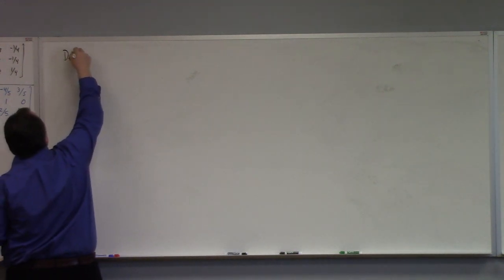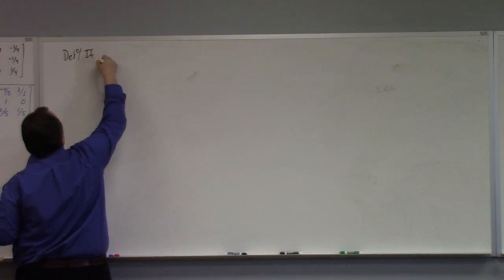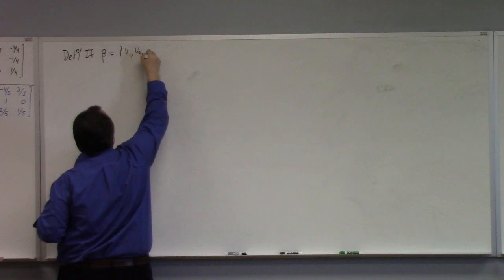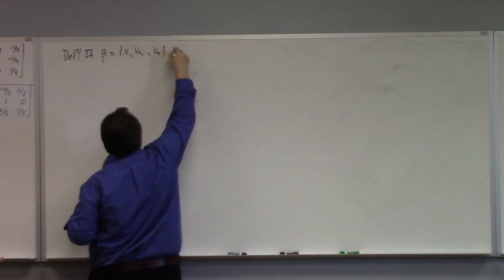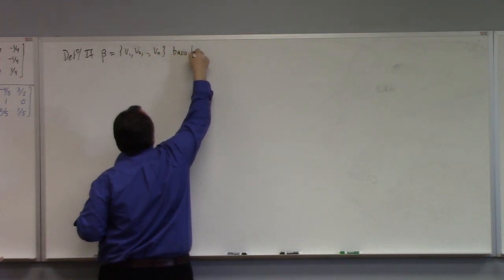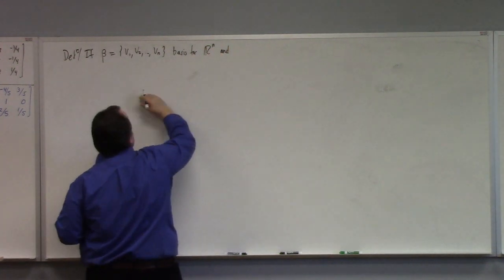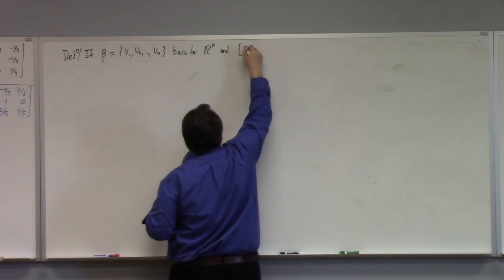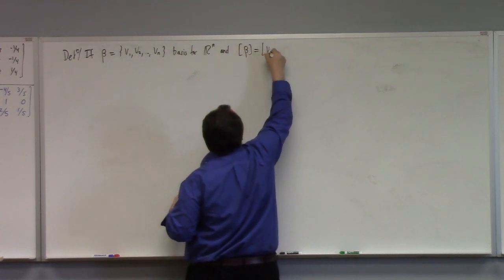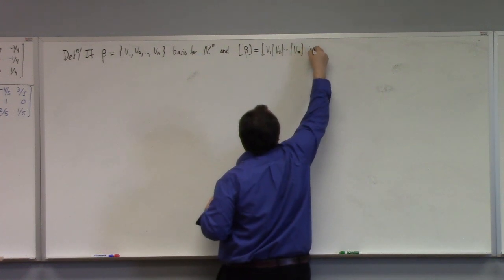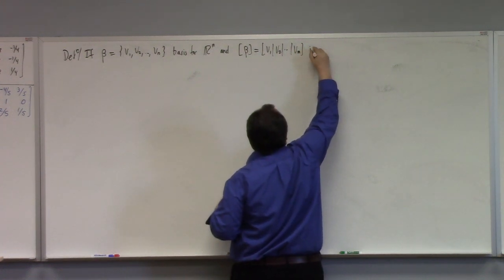So, definition: if beta equals v1, v2, ..., vn is a basis for Rn, and this is the basis matrix.